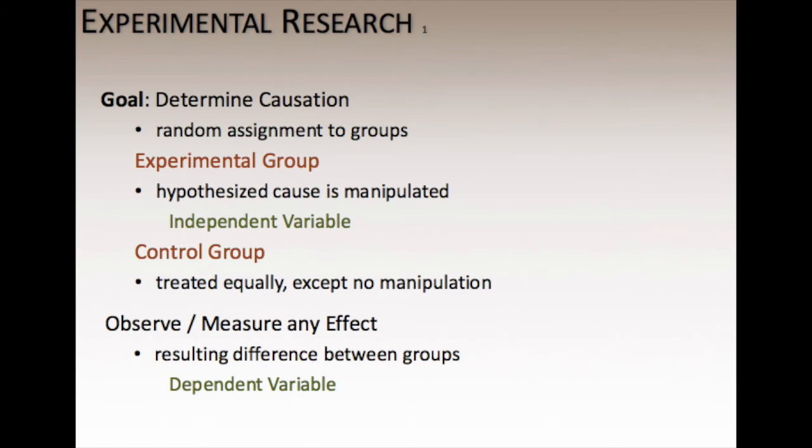In an experiment, the researcher manipulates one of the variables to see if it influences the behavior in question. If the behavior changes when one of the variables is manipulated, then the manipulated variable is considered to have caused the behavior to change.